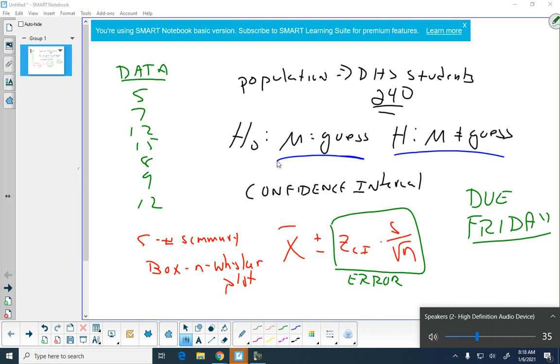Use your technology, and your TI calculator is the easiest one. But if you don't have one, just Google stat calculator, and something will pop up that allows you to enter data, and it will calculate your mean and your standard deviation and probably give you a 5-number summary.